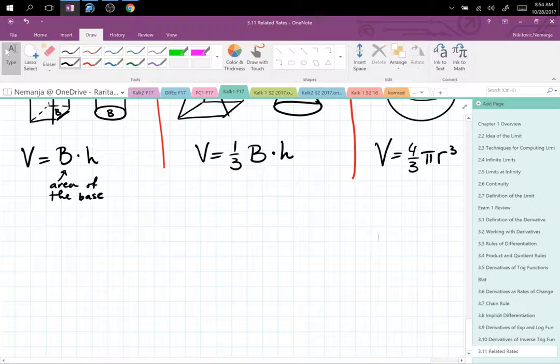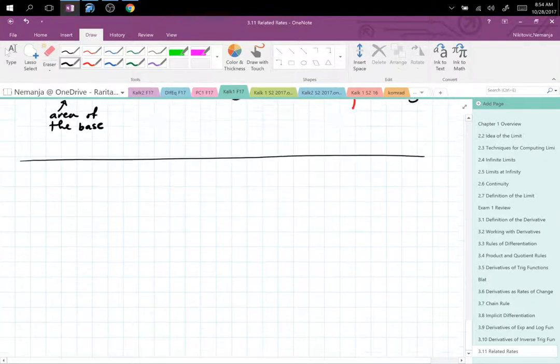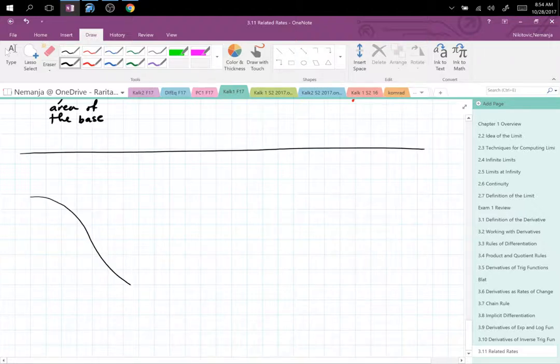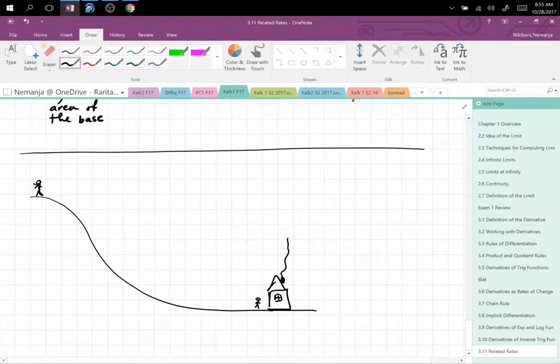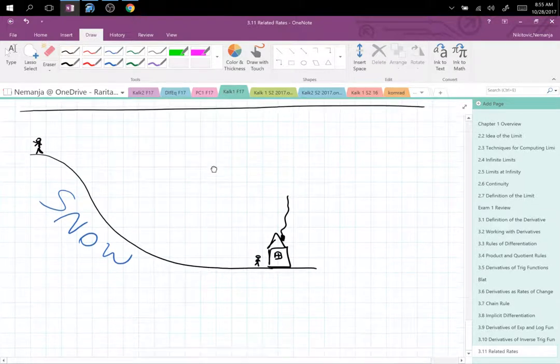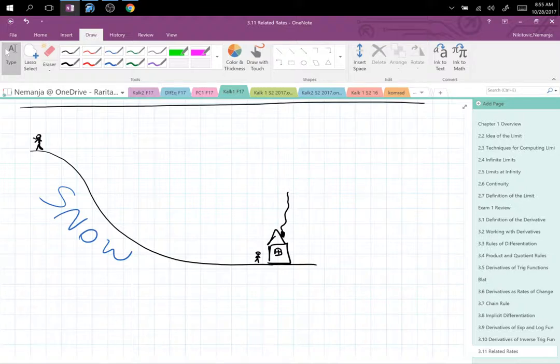So now we can create a problem. So what the person on the top of the hill is going to do is standard stuff in cartoons, right?